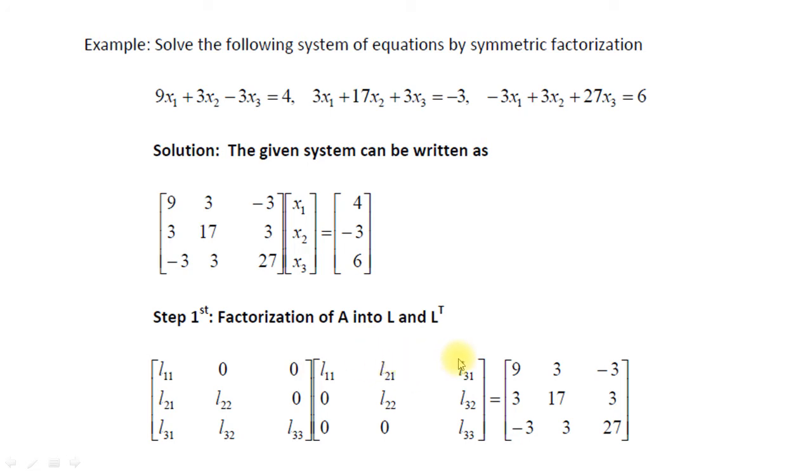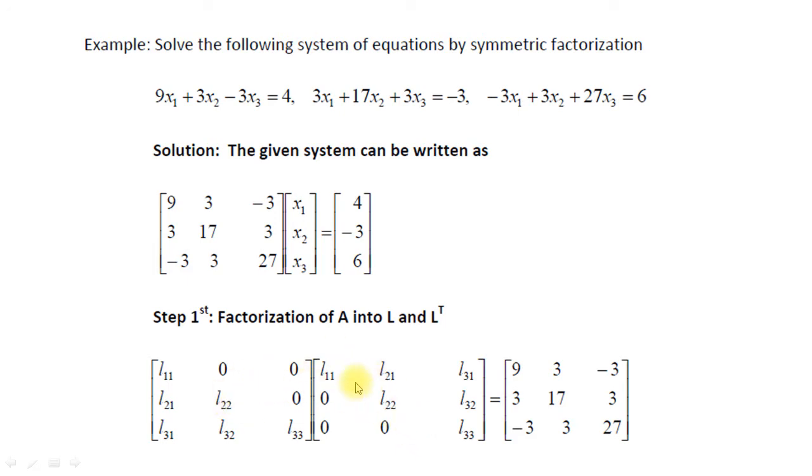So this is equal to A. I have already told you that in the Doolittle method and Crout's method we use a lower triangular matrix and an upper triangular matrix.